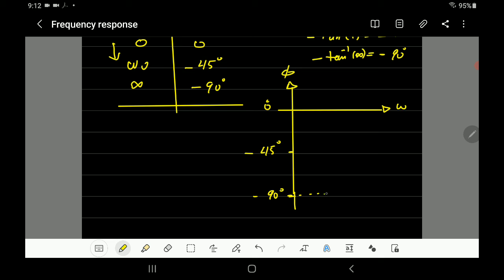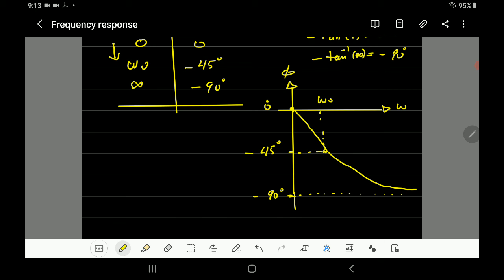At omega naught the value is negative 45, so it will be just decreasing like that till it gets to negative 90. So that's the effect of the phase. It means when you have a DC component, there is no shift. But every time you are increasing the frequency of the input, there will be a shift. What does it mean, shift?